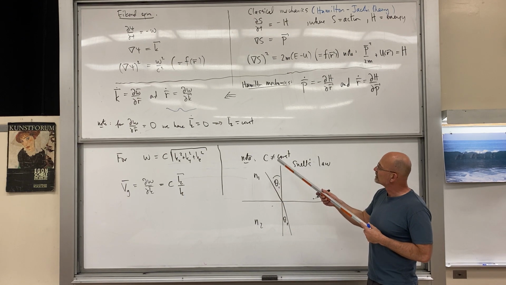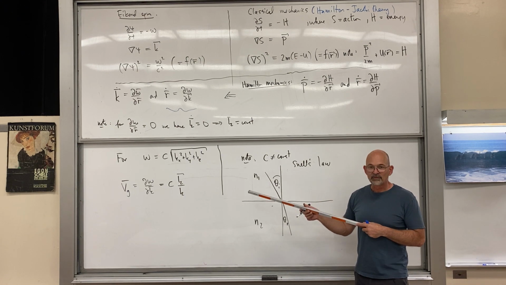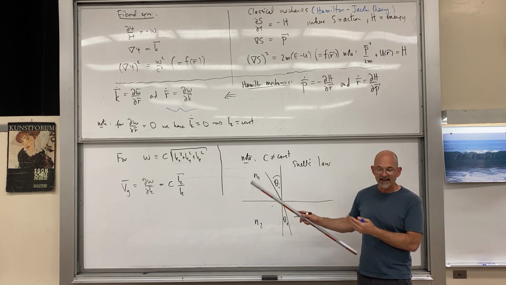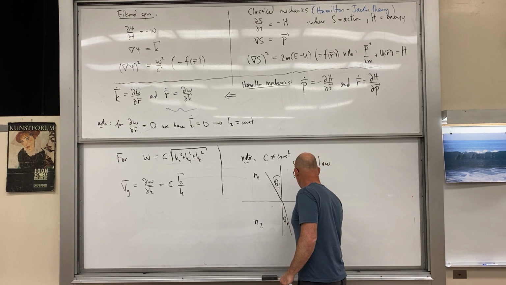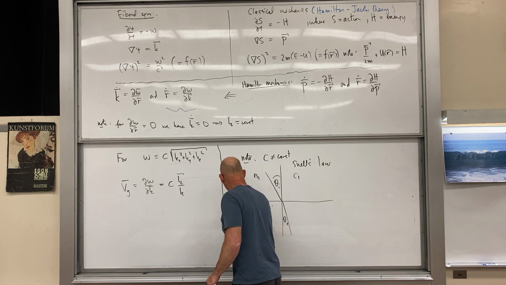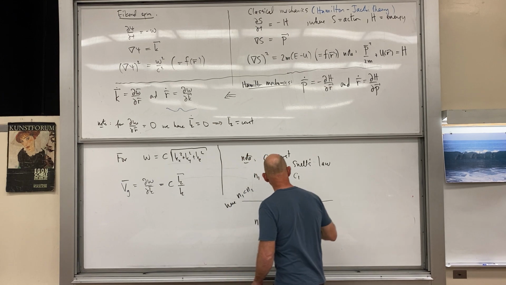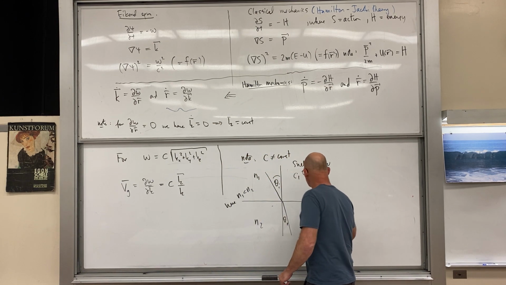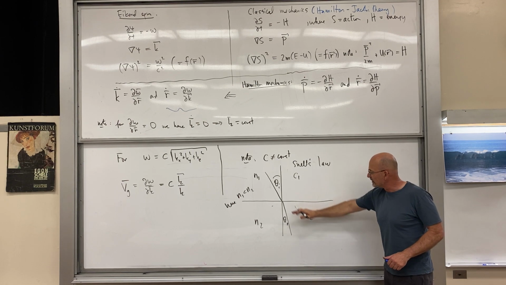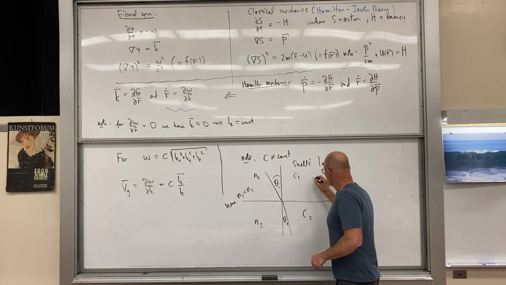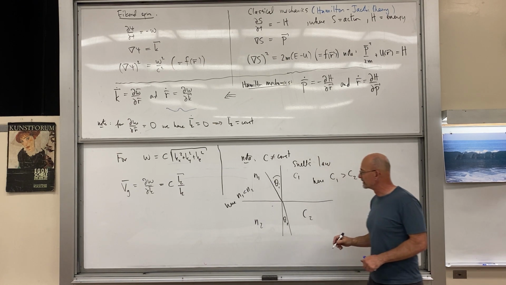But because of the relation between the speed of sound and the index of refraction, similar to the speed of light and the index of refraction, if we had c1 and c2, the speed of sound above and below this demarcation, here c1 is greater than c2.